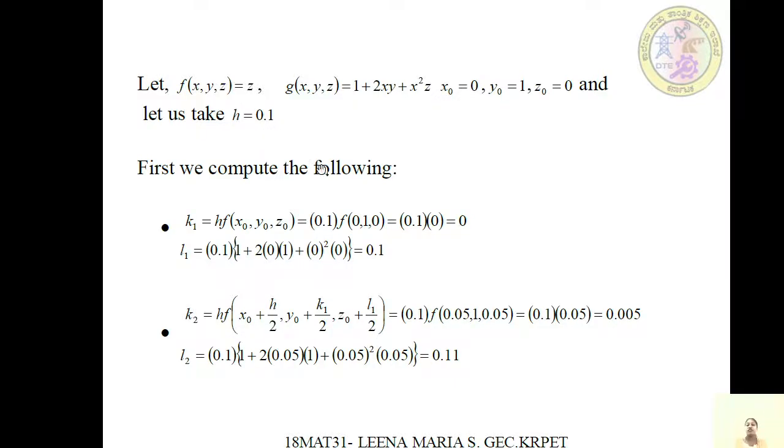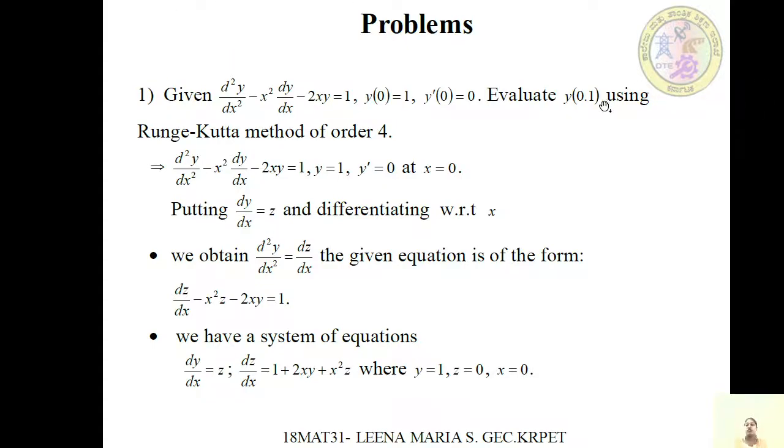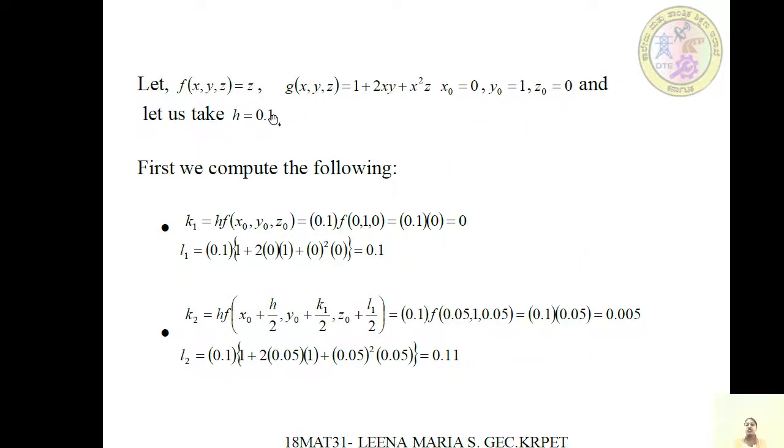So x naught plus h is 0.1. Since x naught is 0, I'll get the value of h as 0.1. So now we are going to find k1, l1, k2 and l2.